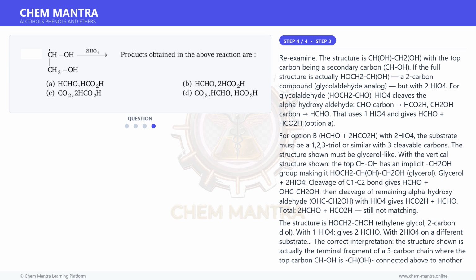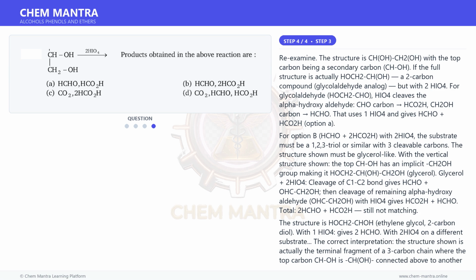Most likely the structure is ethylene glycol, HOCH2CH2OH, and the reaction with excess HIO4 first cleaves to give 2 HCHO, then further oxidizes each HCHO with remaining HIO4 to give HCO2H. So 2 HIO4 oxidize both CH2OH groups, each HCHO to each HCO2H, giving 2 HCO2H.